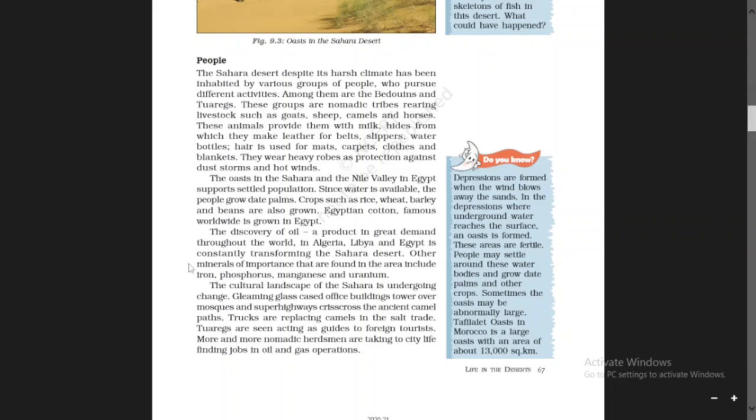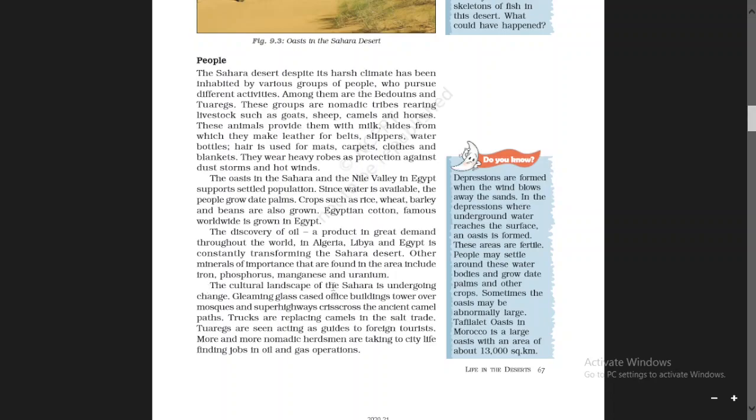Other minerals of importance found in the area include iron, phosphorus, manganese, and uranium.